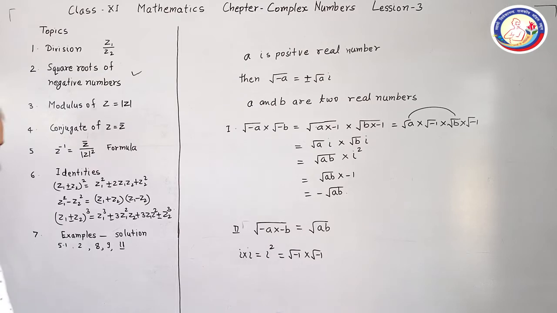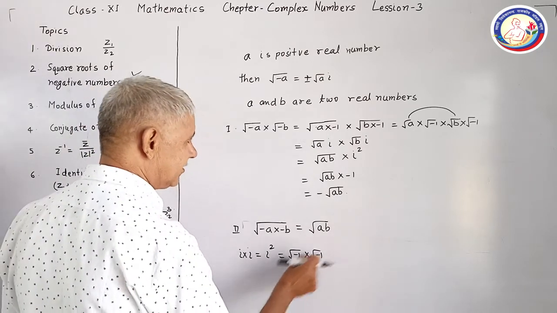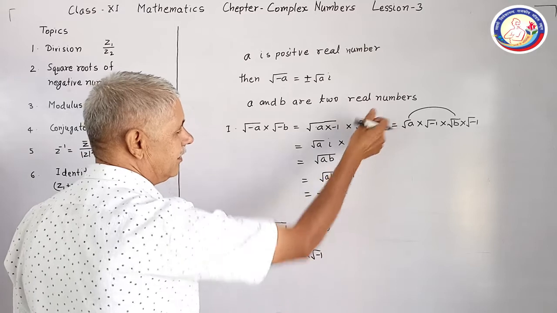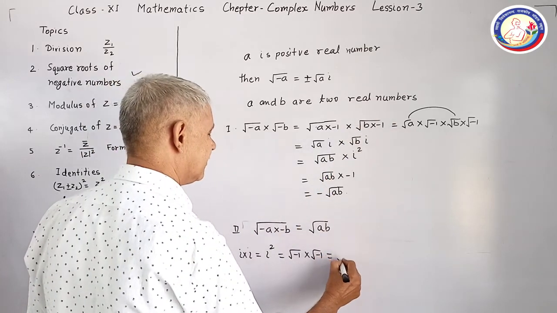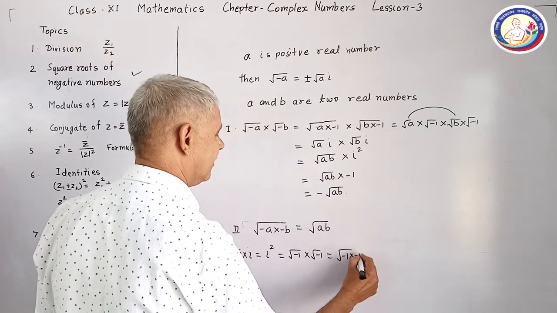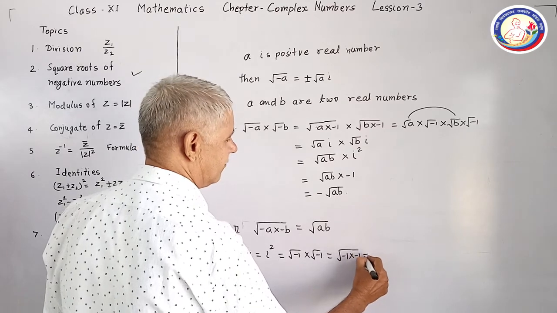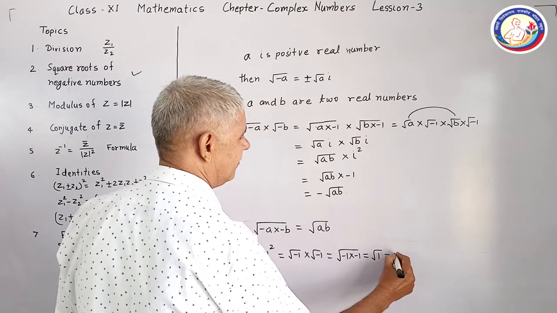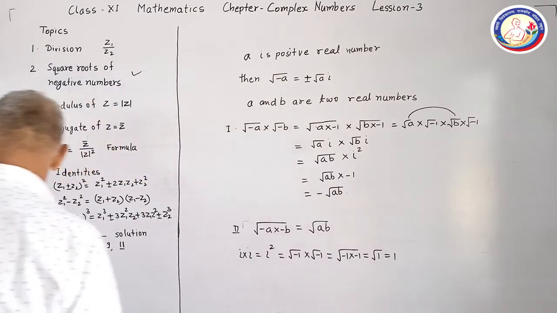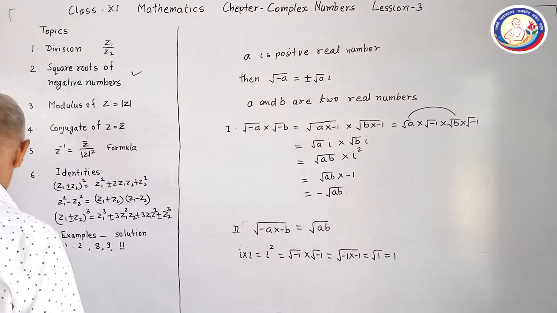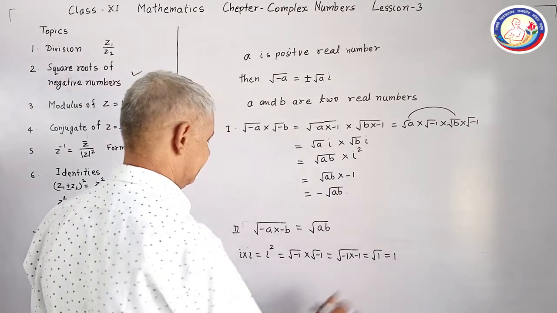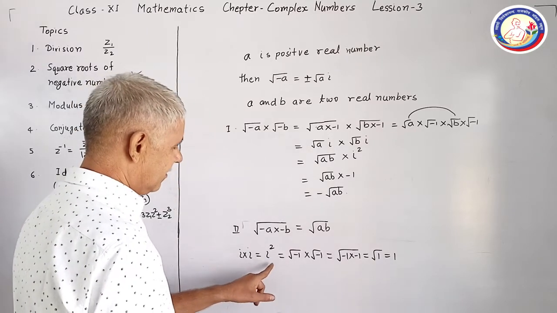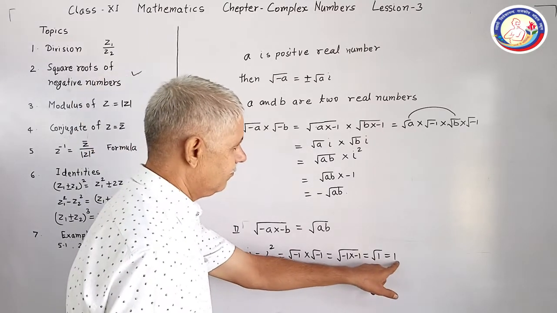And if we multiply radicands here as we did before, we get square root of minus 1 into minus 1, equal to square root of 1, that will be 1. So here is a contradiction. What we are getting? Iota square equal to 1.